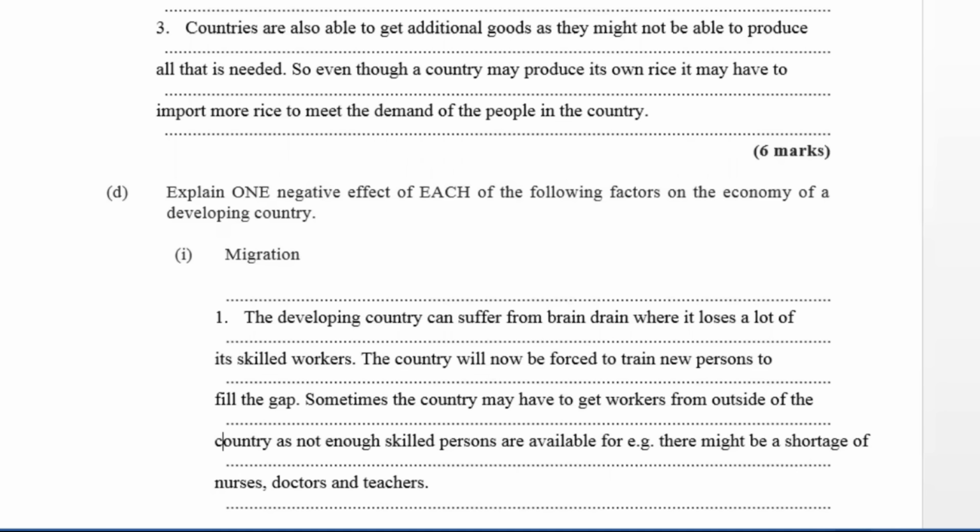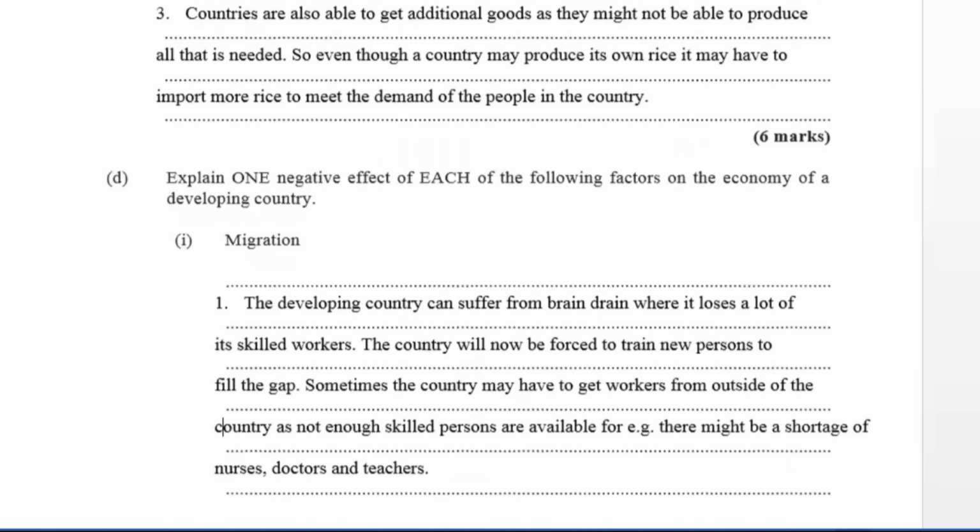Doctors, and sometimes teachers, right? So migration has a negative effect, right? With brain drain, the skilled workers are leaving, and a crisis is taking place in that industry where there is a shortage.